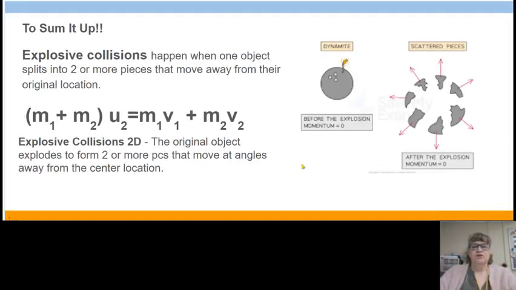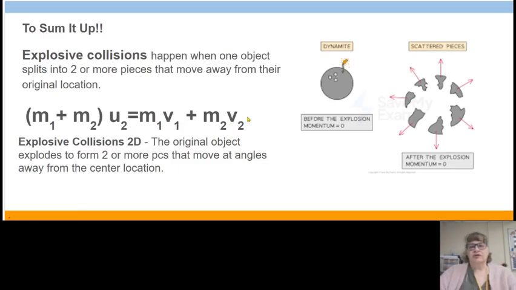Okay. So to sum it up, explosive collisions happen when one object splits into 2 or more pieces that move away from their original location. The equation for collisions is m1 plus m2 times the beginning velocity equals m1 v1, the momentum of the first object, plus m2 v2, the momentum of the second object.